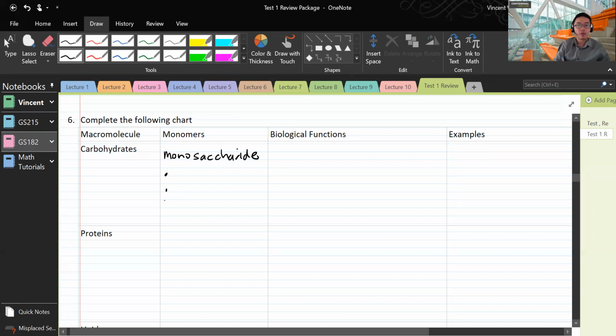And there are a few types of monosaccharides that we learned about: glucose, galactose, and also fructose. Okay, OSE again typically means it's a sugar. Biological functions, we have a bunch. Primary source of energy.